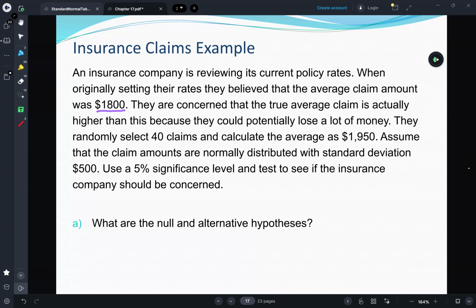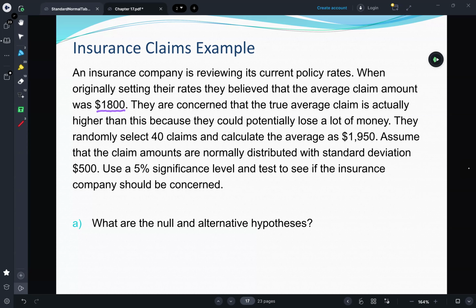We're suspicious that it's probably gone higher, but we want to run a formal test to see if there's statistical significance by getting the test statistic, including the standard deviation, which is $500, and the size of the sample, which is 40. That makes it more formal, more scientific than just comparing the average 1,950 to 1,800.